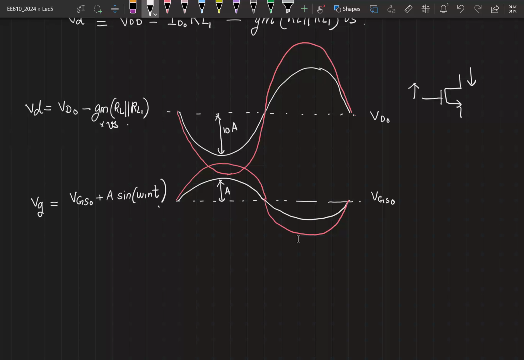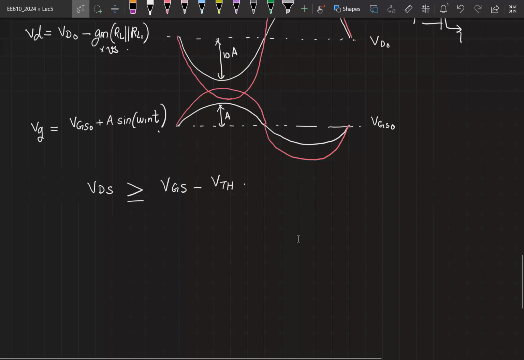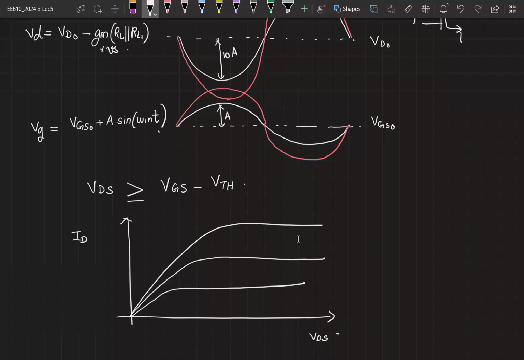So what is the condition that you have learned for the transistor to be in saturation? Your VDS has to be greater than or equal to VGS minus VTH. Right? So if I look at the ID versus VDS curve, for different VGS, you found out curves like this, right?